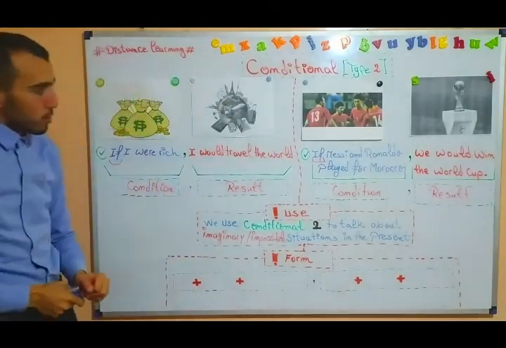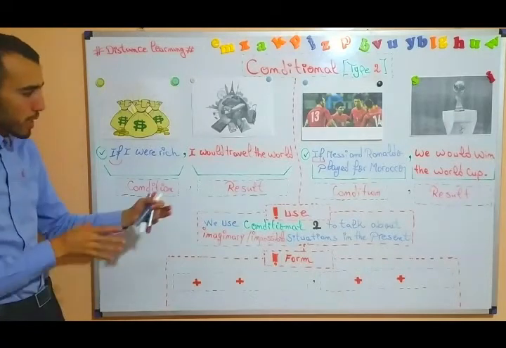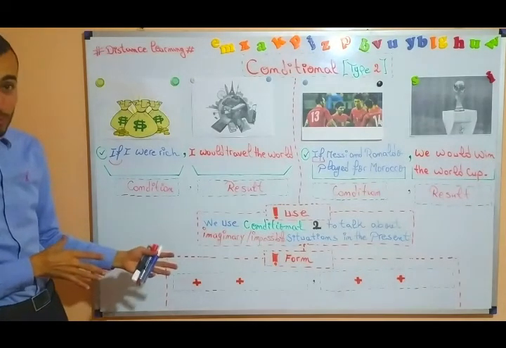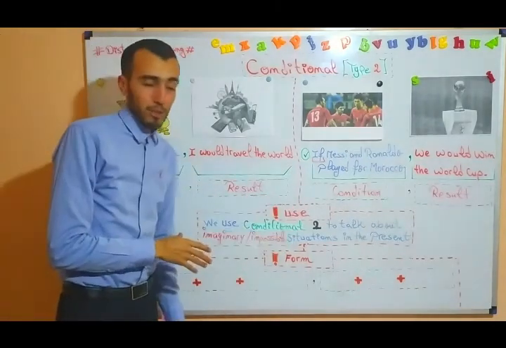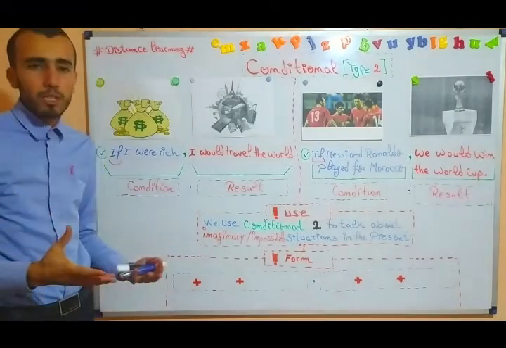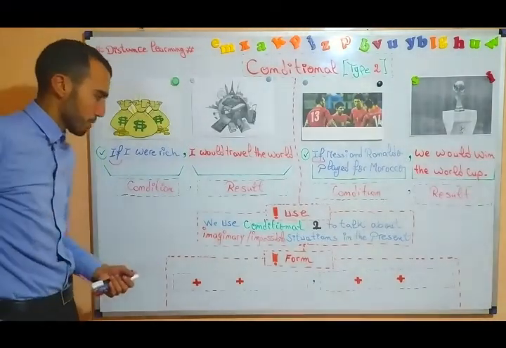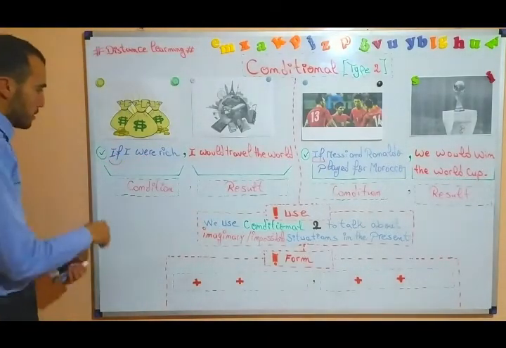Great. So, in terms of the form, now we're going to focus on the structure. We've discovered when we use conditional type 2. Now we're going to see how we use this structure or this form. Let's go back to our first example.